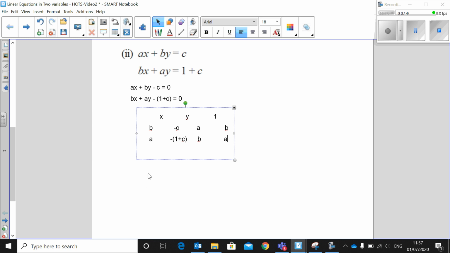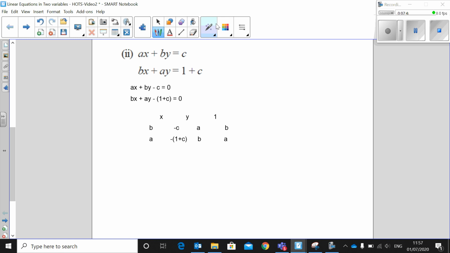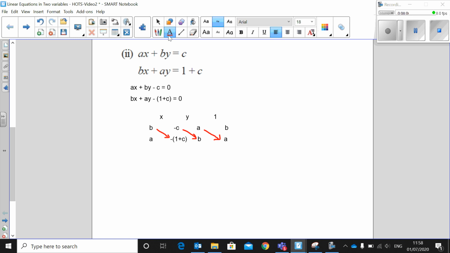So let us do the cross multiplications. In the cross multiplication, what we need to do is first we multiply b into minus. Similarly we have to multiply this. Okay, so now let us start that. x divided by, we have x and y and also 1 constant.